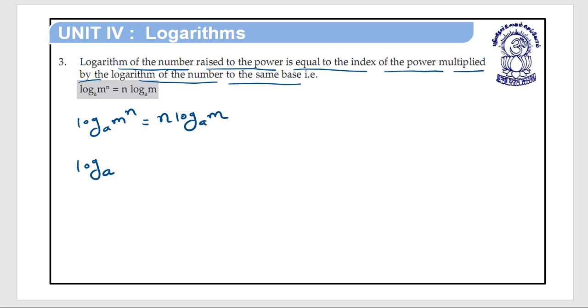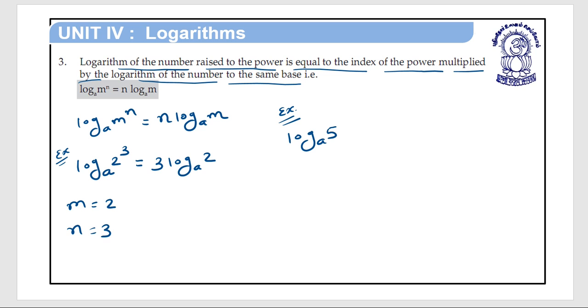Consider one example, 2 cube. Here m is equal to 2, n is equal to 3. So 3 log 2. Next example, log 5 square. So 2 log 5.